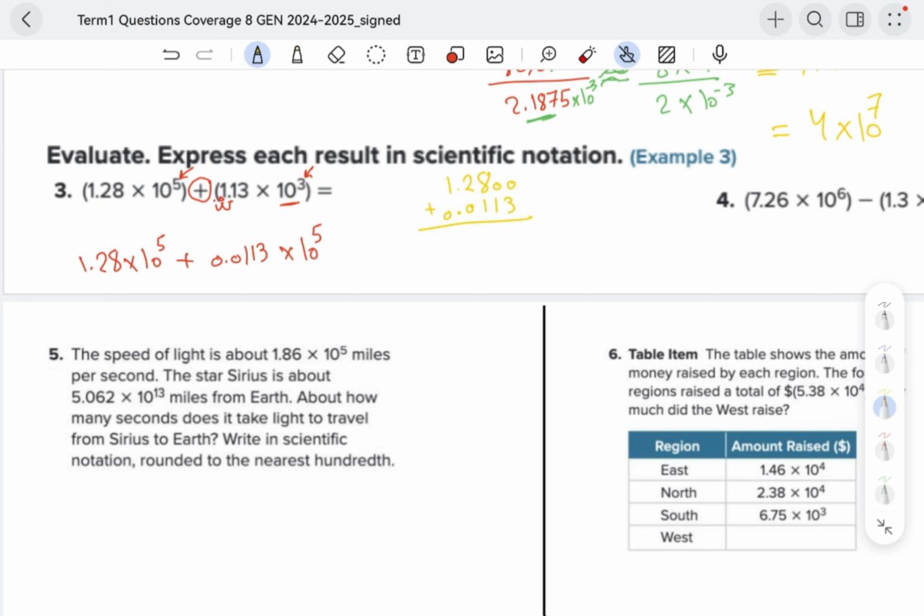Empty spaces, put zeros. 0 plus 3 is 3, 0 plus 1 is 1, 8 plus 1 is 9, 2 plus 0 is 2, put the decimal point down, 1 plus 0 is 1. And we're going to have the same power of 10. So the answer for this is 1.2913 times 10 to the power of 5.